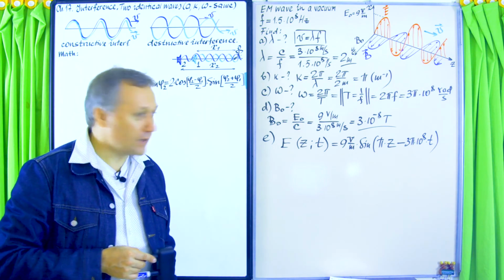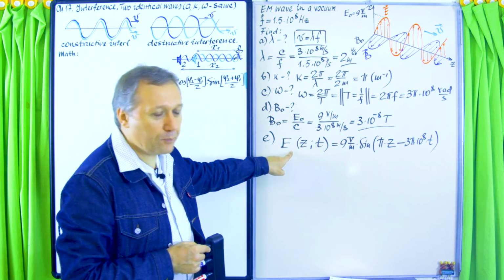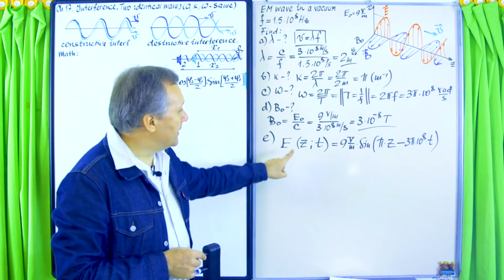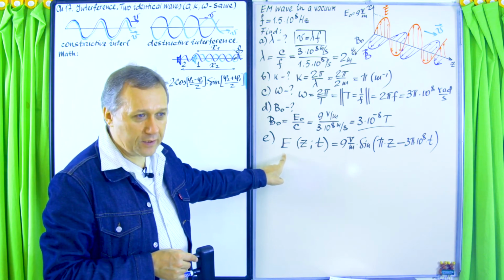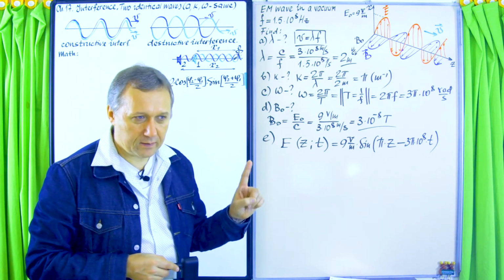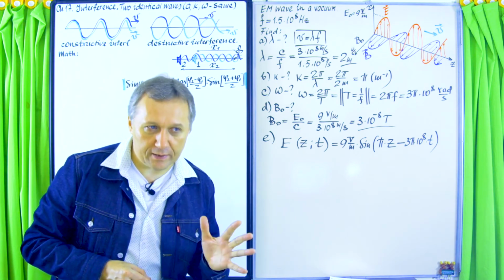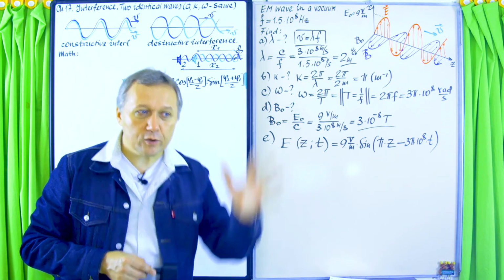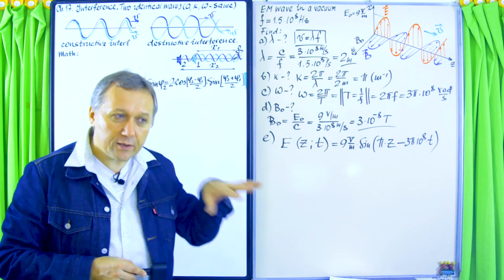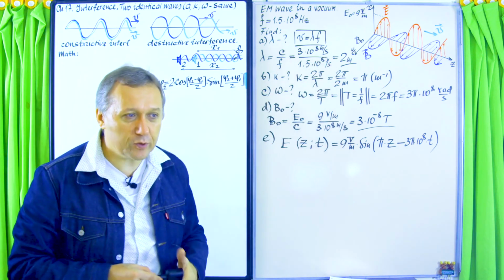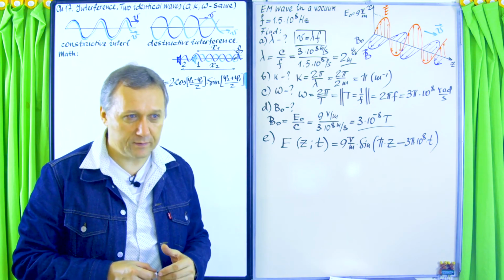It's very important, and probably this is a point where most of the mistakes are. This subscript next to the electric field must tell us along which axis the electric field oscillates. Direction of electric field oscillation and direction of wave propagation, in this case, are perpendicular because we have transverse waves.